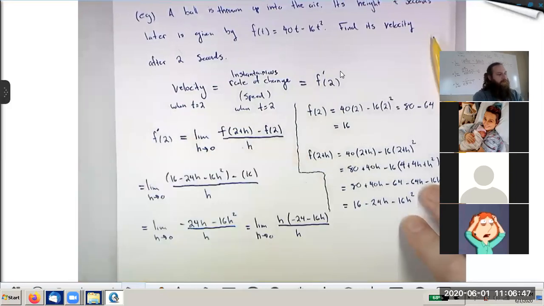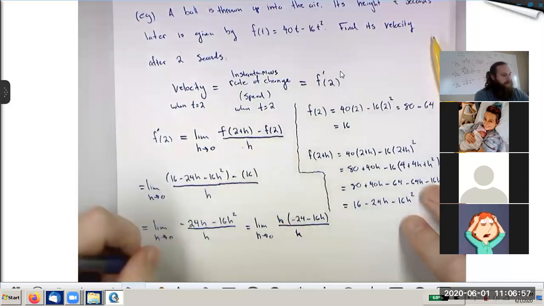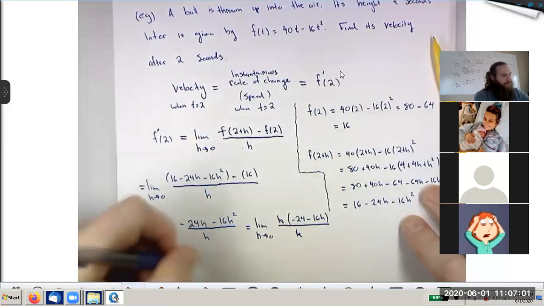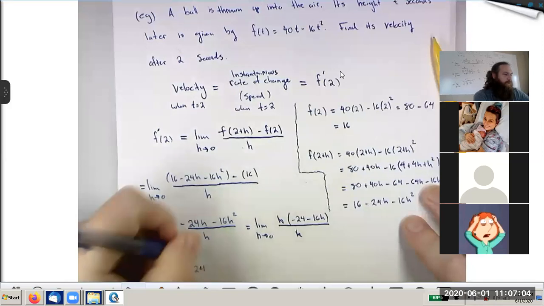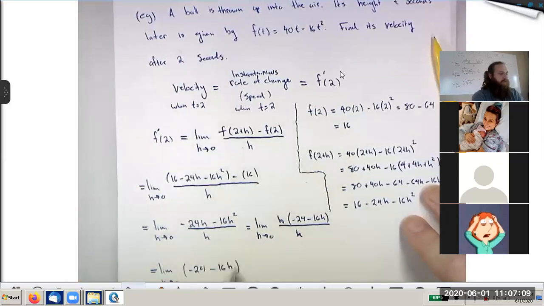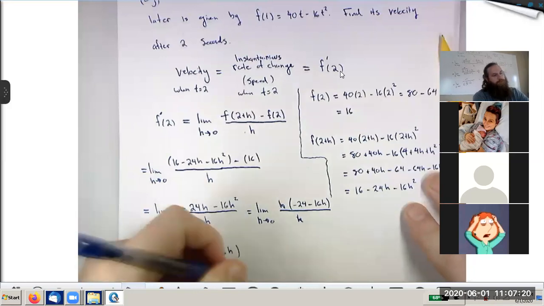So I just factored an h out from the top. And now that I've factored that, I can cancel it with the h downstairs. And I get the limit as h goes to 0 of negative 24 minus 16h. And as I send h to 0, this term goes to 0. That's negative 24 minus 16 times 0, which is just negative 24.